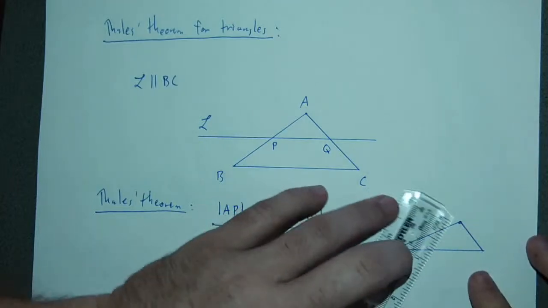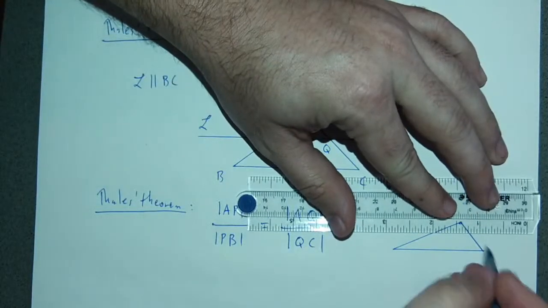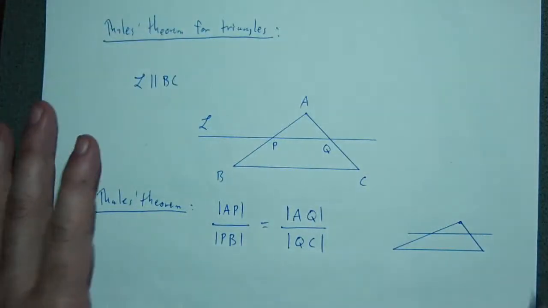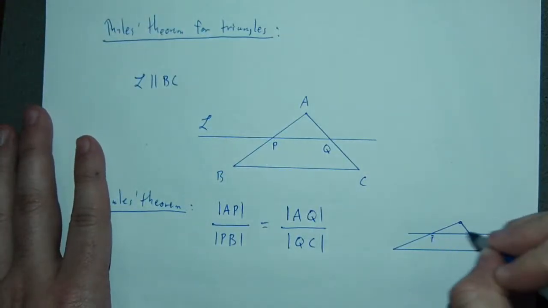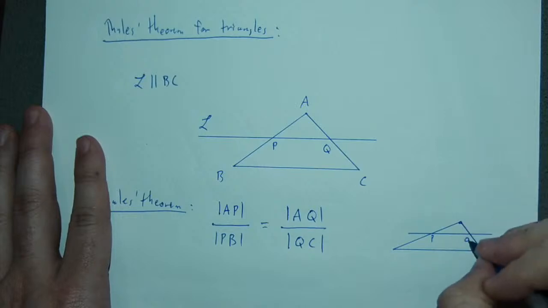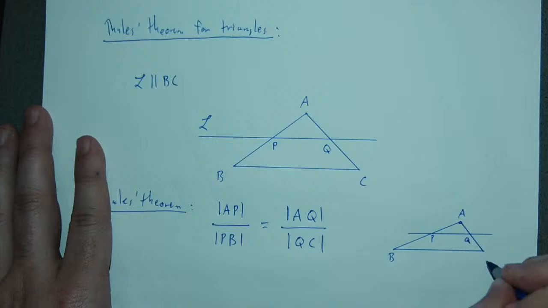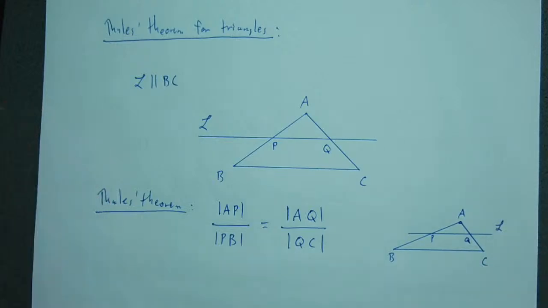So now I just need another parallel line here. So there. So here's PQ, and here's ABC. So this Thales theorem is true for both these triangles. Okay, this statement is true.